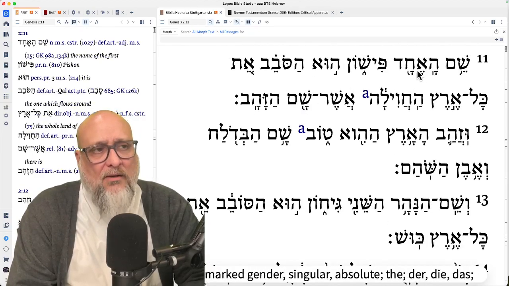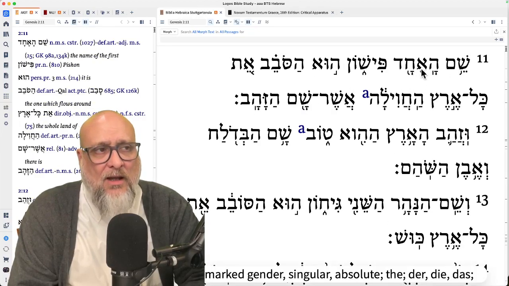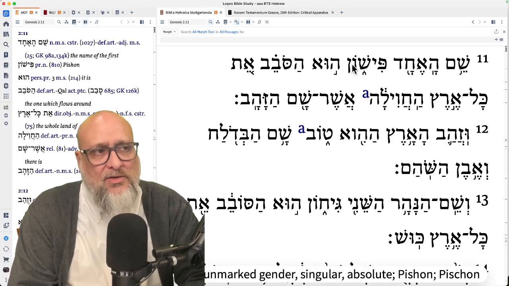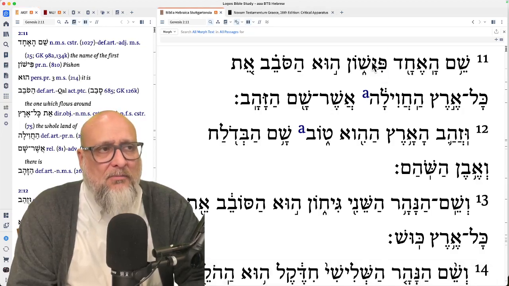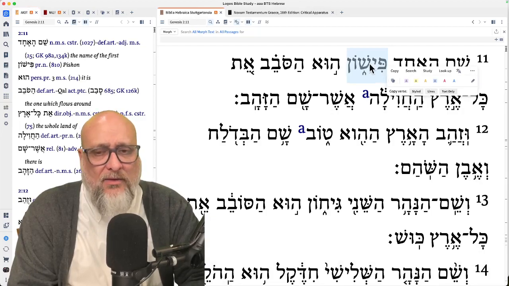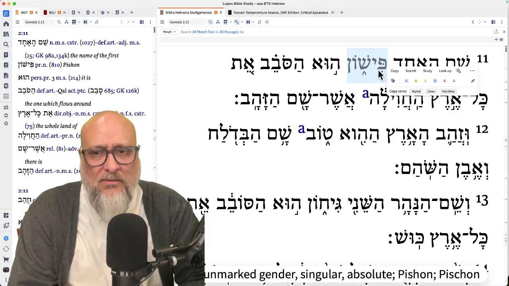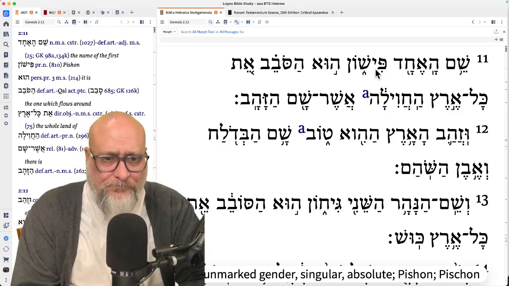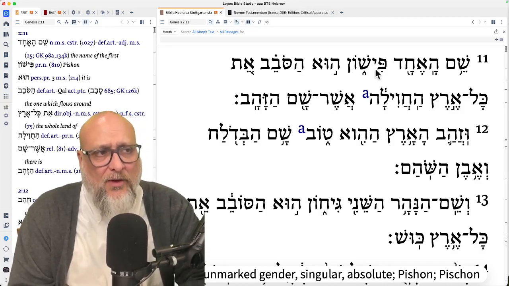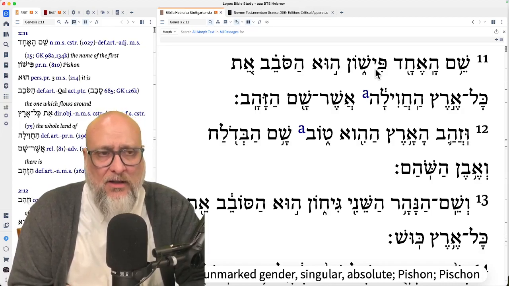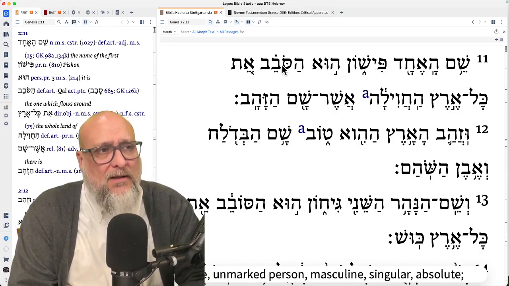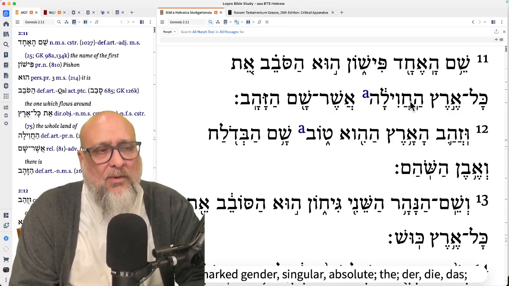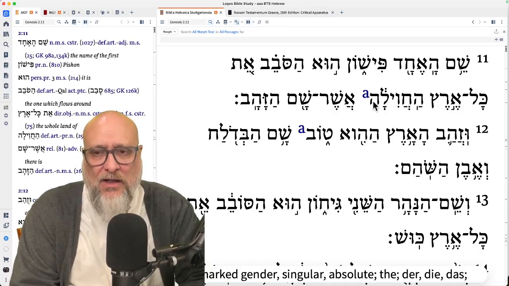The name of the first one is the Pishon. P looks like mouth, but no idea what shon means. And nobody else really knows anything about this word. So the first river is bafflingly obscure, but it does say that it went all around the land of Havilah.